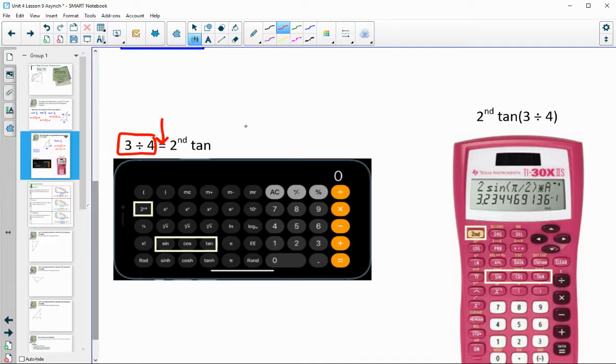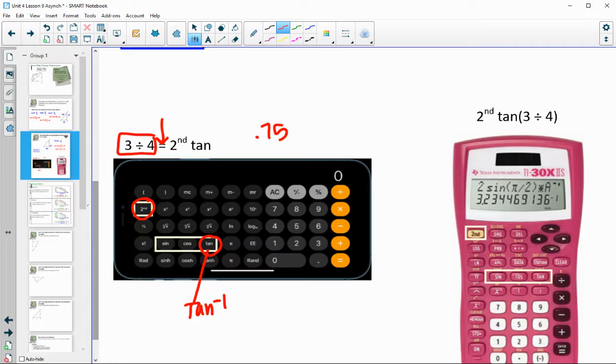So you'll do 3 divided by 4, which is 0.75. Once that decimal is on your screen, you hit second, and it will say tan inverse above the tan key, tan to the -1. Then you hit that once the decimal is on your screen.